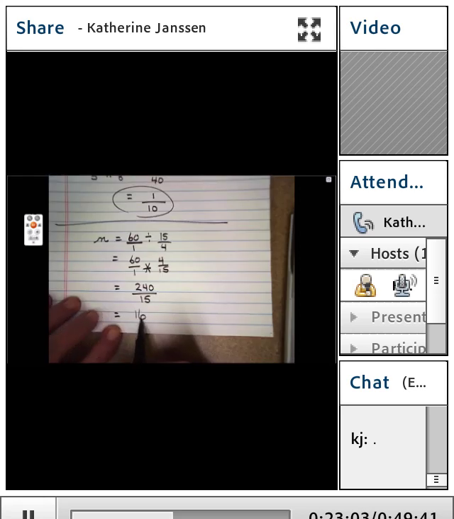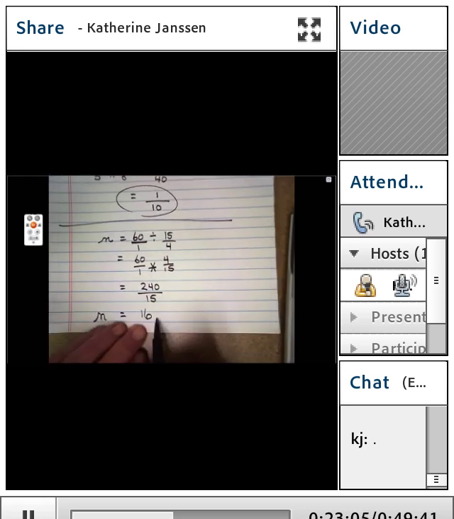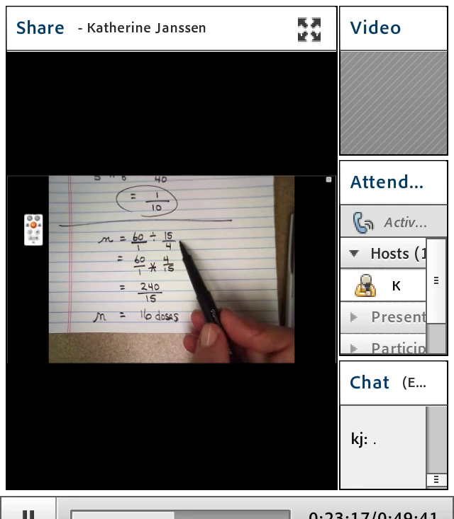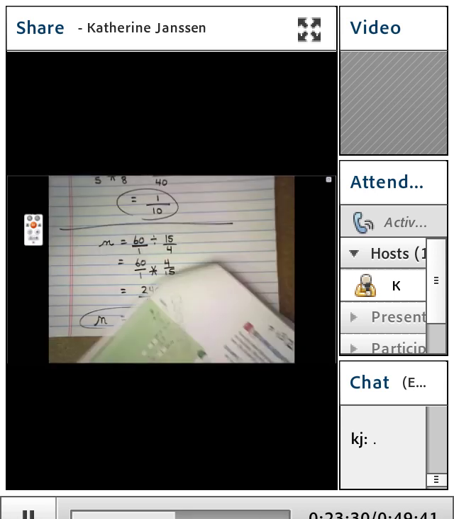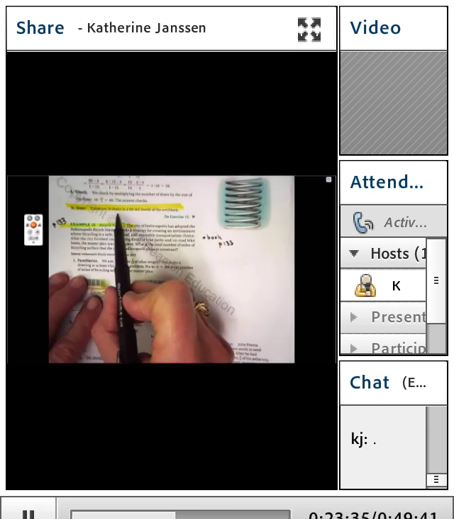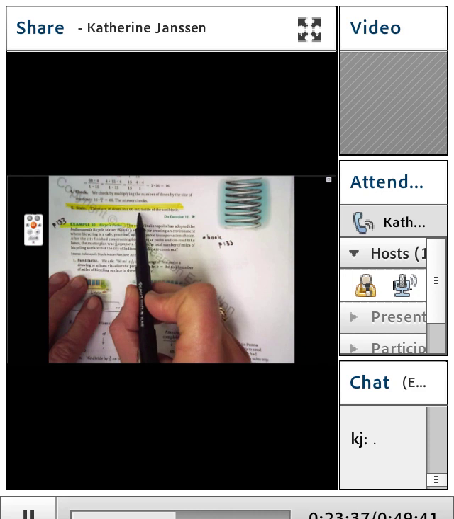So the total number of doses is 16 doses, each 1 1/4 milliliter from a bottle that has a total quantity of 60 milliliters. Stated: there are 16 doses in a 60 milliliter bottle of antibiotic.